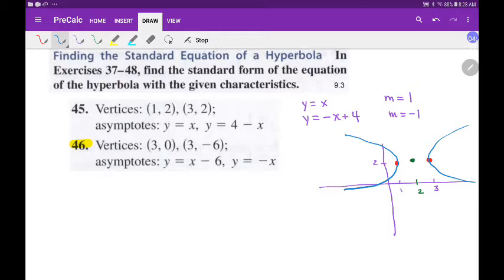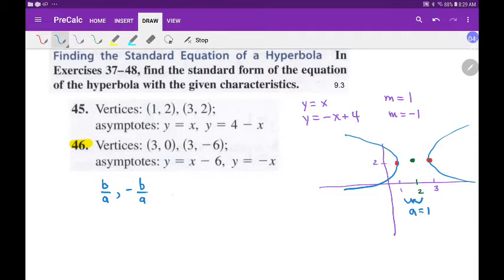All right, so now I know that if it's horizontal, my slope is b over a, and also minus b over a. And so, what's a? A is the distance from the vertex to the center. So a equals 1. All right.